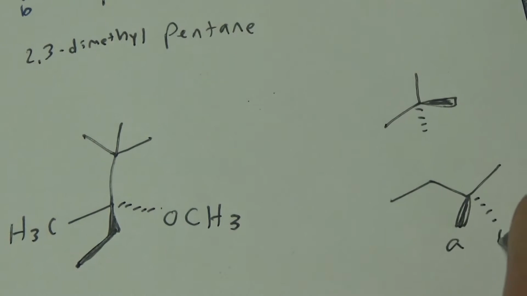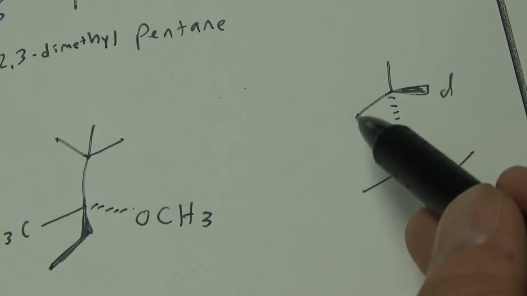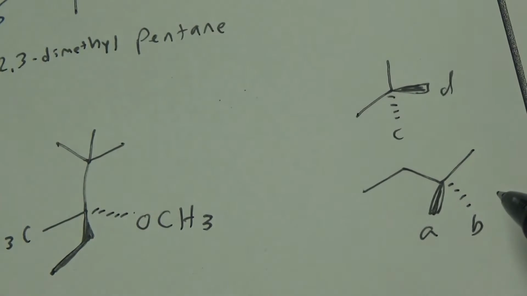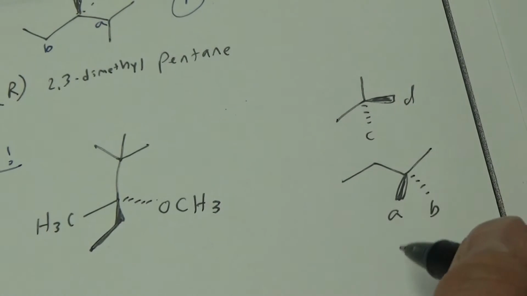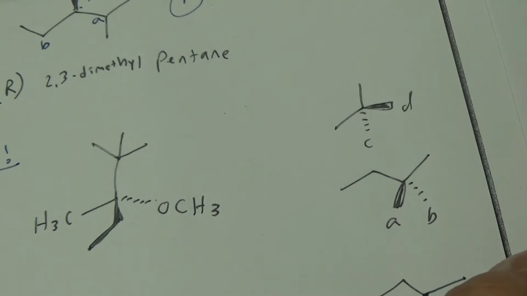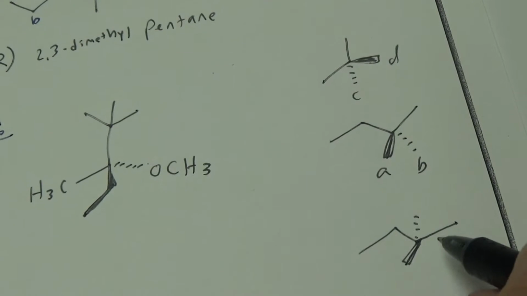You know, A, B, C, D, whatever. It's always going to be kind of a zigzag, and then you have the wedge and the dash kind of offset, or like this. But what will it never be? Stuff like that is never going to happen, right?